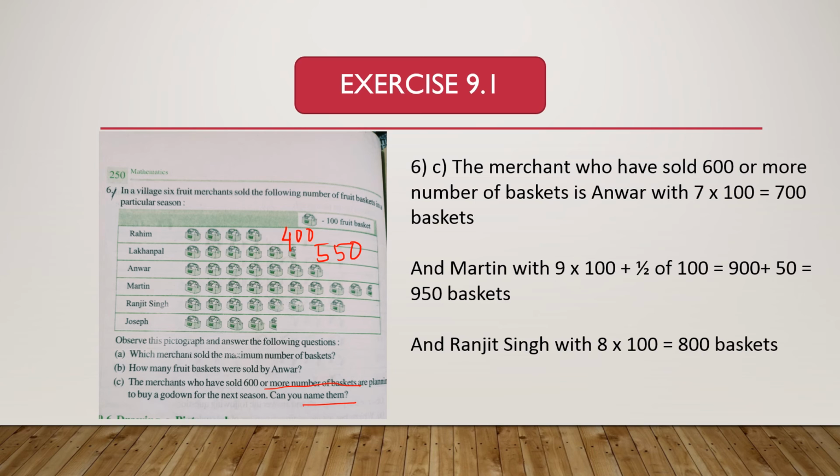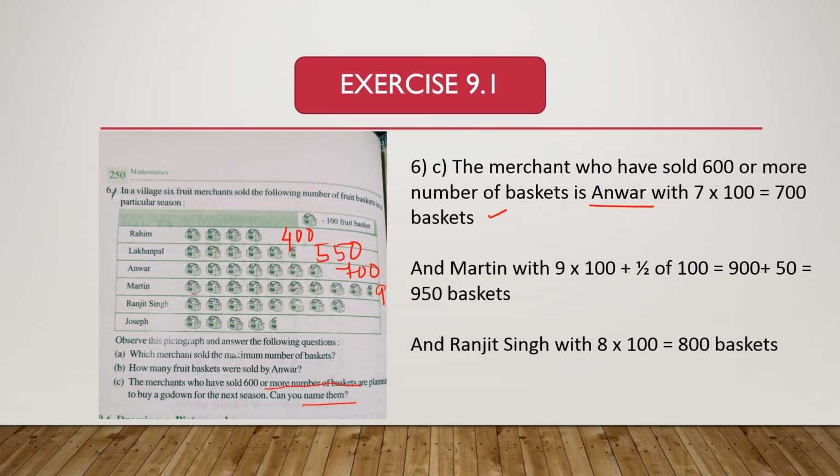And Anbar sold 1, 2, 3, 4, 5, 6, 7. Anbar sold 700. So Anbar sold more than 600. So Anbar is the fruit merchant who has sold more than 600. That is 700 fruit baskets he has sold. And now Martin is 1, 2, 3, 4, 5, 6, 7, 8, 9. 900 plus 50.